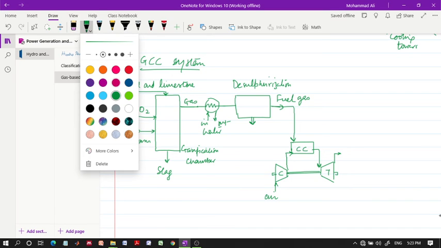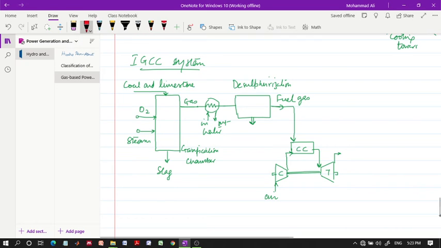Now I'm going to change the color to generate the steam. Okay. Now this goes into what? A chamber, another chamber.